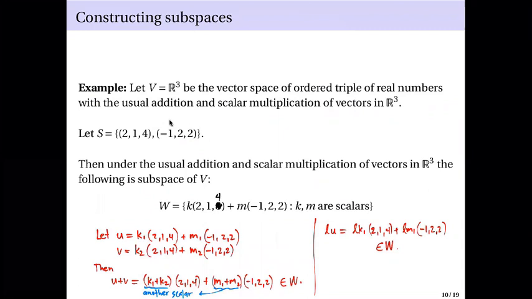Now, this kind of situation, getting all possible linear combinations, as I have said earlier, is a special subspace and it has a name.